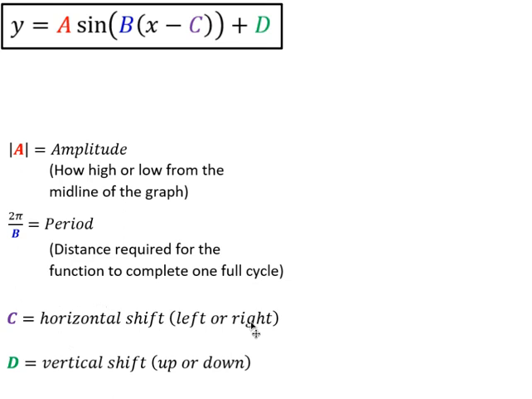Your horizontal shift is moving left or right, so that would be like your h value, and then D is going to be a lot like your k value. Now, Math 3, we just get a general introduction into these functions, and we will not be dealing with a horizontal shift, but we will be dealing with the amplitude, period, and your vertical shifts.